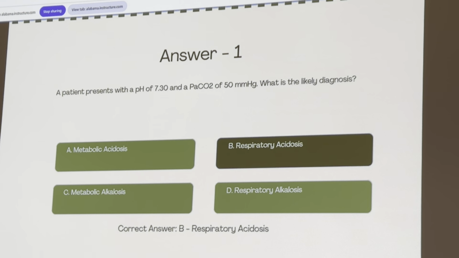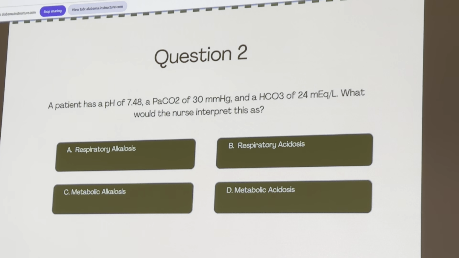Patient has a pH of 7.48, CO2 of 30, and a bicarb of 24. Respiratory alkalosis. I hear respiratory alkalosis. Everybody agree? Everybody likes Natalie's answer.